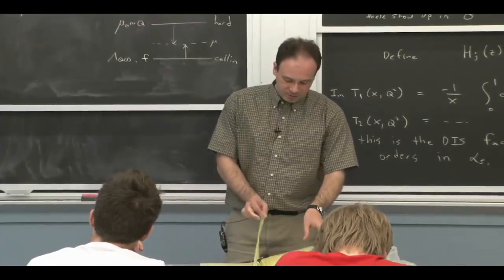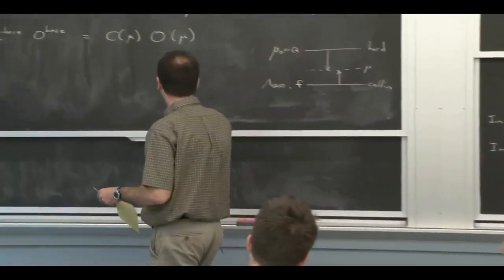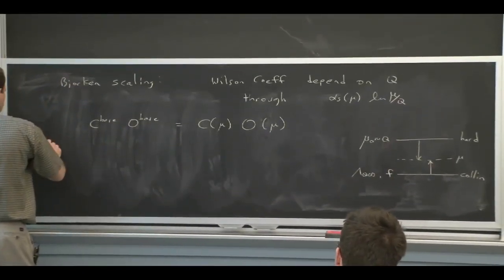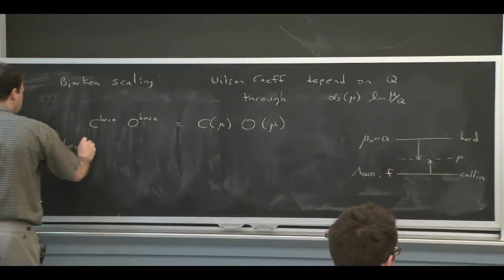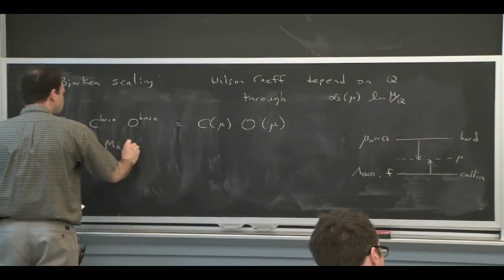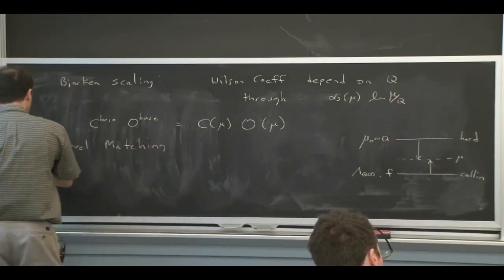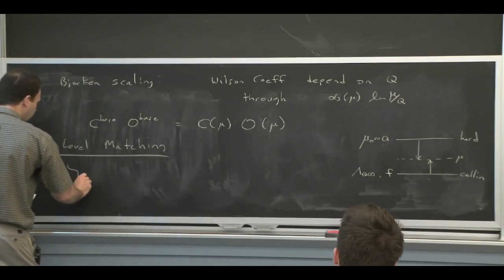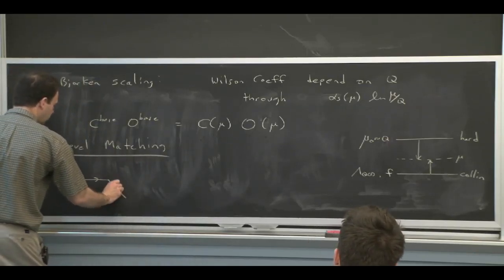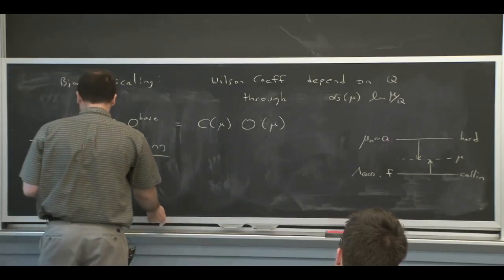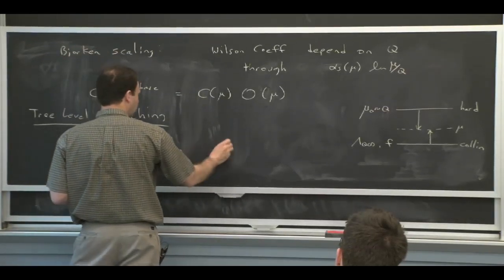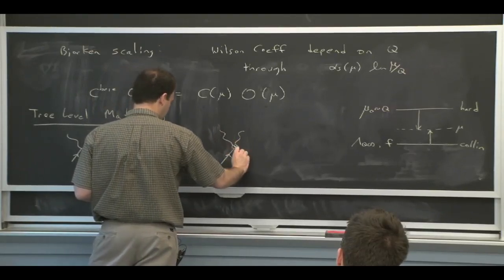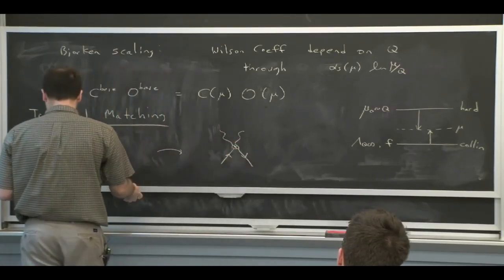So if we want to do tree-level matching, or one-loop matching, or any kind of matching, let me just show you tree-level matching. So tree-level matching, you would compute this forward scattering graph. And that will give you the other diagram that we drew. In effect, you want to match this guy onto that guy.